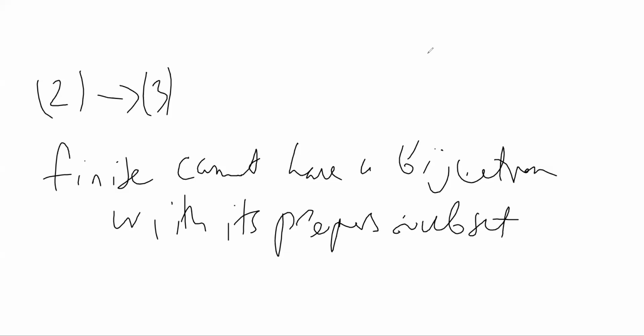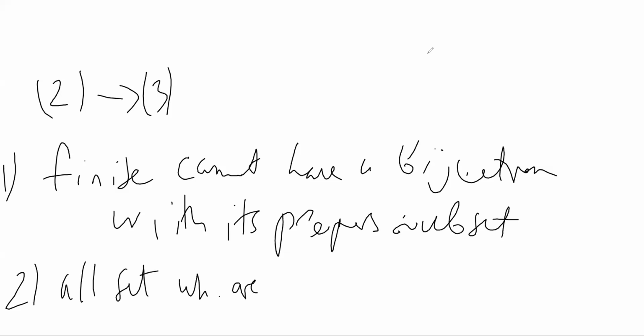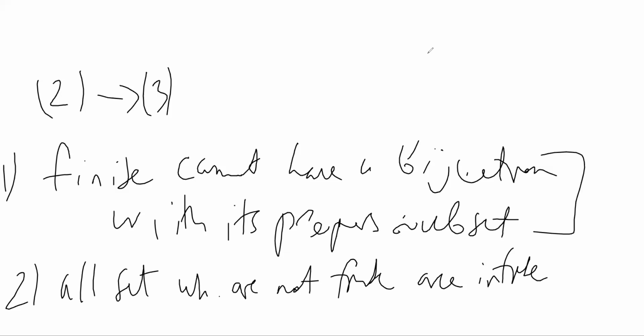We also know that all sets which are not finite are infinite. So the only conclusion we can get from here is that set A is infinite. Or basically you can just use the contrapositive of this fact, right? Does it make sense? Yeah. Great. Does it make sense for everybody else? Let me look at the chat quickly.